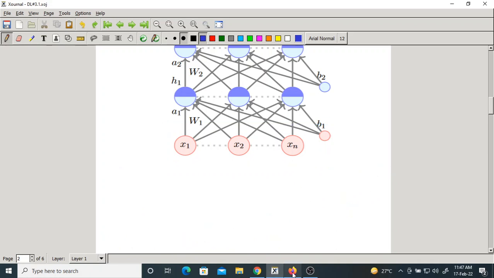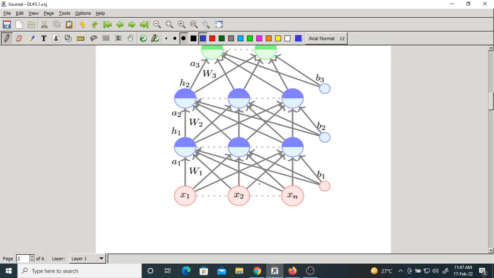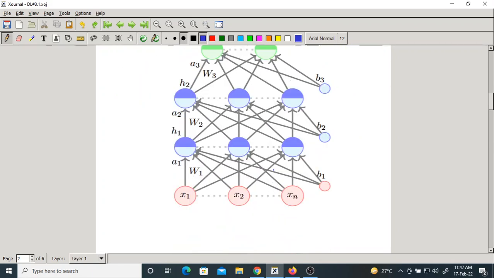Right. Next. The network contains L minus 1 hidden layers, having n neurons each. Here I told you if there are L layers, L minus 1 hidden layers will be there. Now how many layers do we actually have here? This is the zeroth layer.